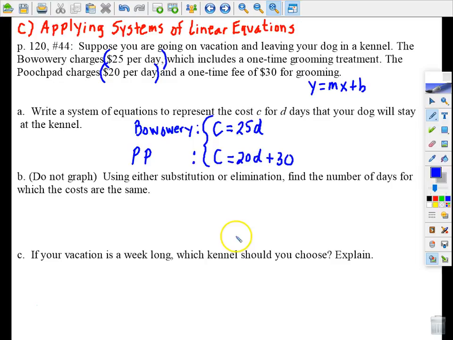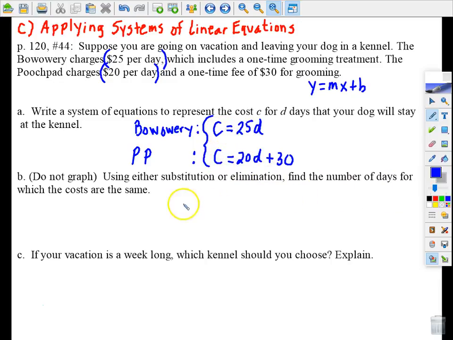So what I want you to do, and I've kind of got you set up, the book on letter B says to use a graphing calculator, but you're not required to have a graphing calculator for this class. So just ignore those, and I want you to use either substitution or elimination, and you're basically going to solve the system. I'll give you a strong hint. I think it's set up really well for substitution because you have these variables already solved for.